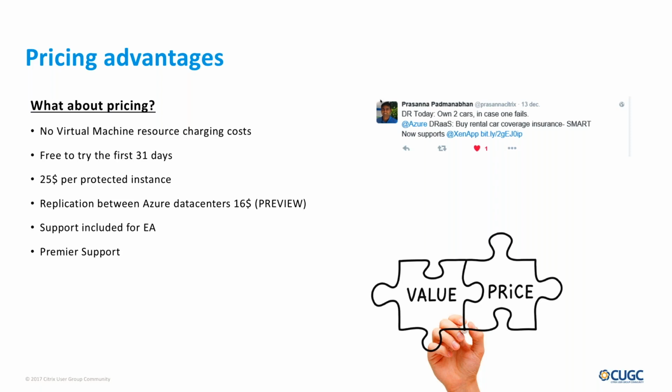He said: own 2 cars in case one fails? Buy rental car coverage insurance. What that actually means is that you have 2 cars, but you only pay for one. In case of a failover, you can use the second one, and you only pay when you're using the second one. So I thought that was nice to show to you.